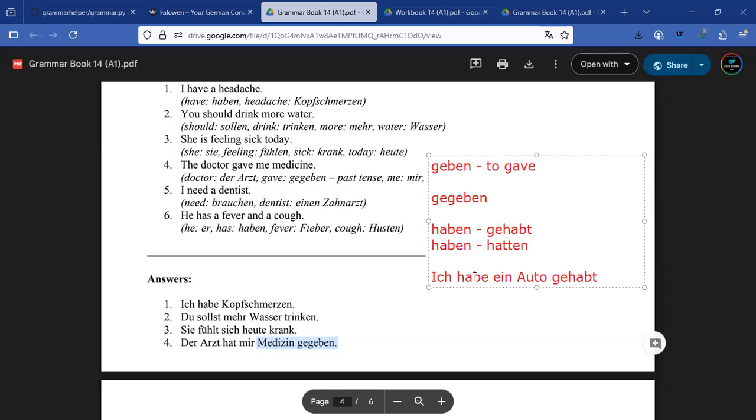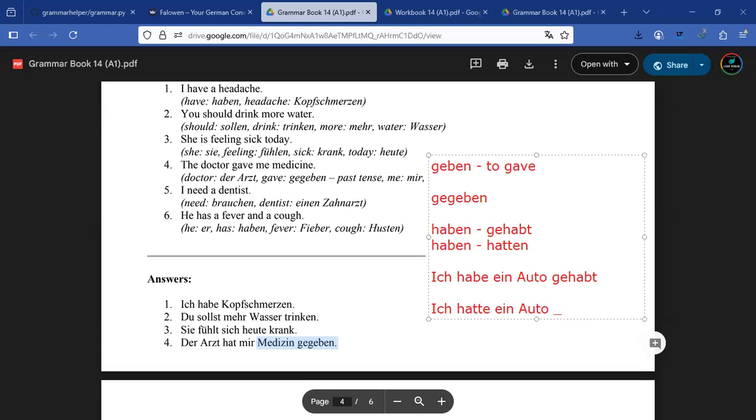Because the habe is always constant, forming the perfect statement, and the verb that you are going to form the past tense goes to the last end. So though here is constant, this is the verb that we are changing. But mostly with the auxiliary verbs and the modal verbs, we like to use the Präteritum. That's why it's simple. So ich hatte ein Auto.